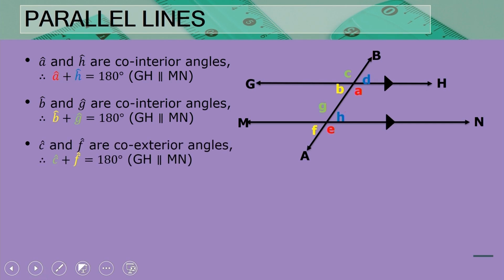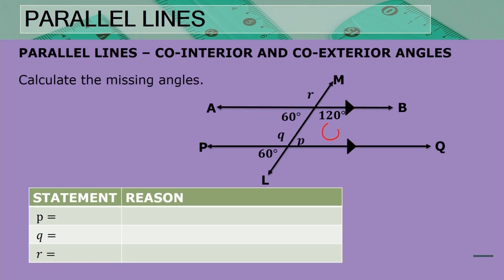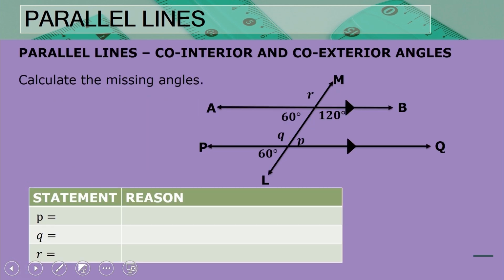The same can be said about the co-exterior angles, that is on the outside of the parallel lines on the same side of the transversal. They are also supplementary, and the same can be said about angle E and angle D because they are co-exterior angles, which means they add up to 180 degrees.